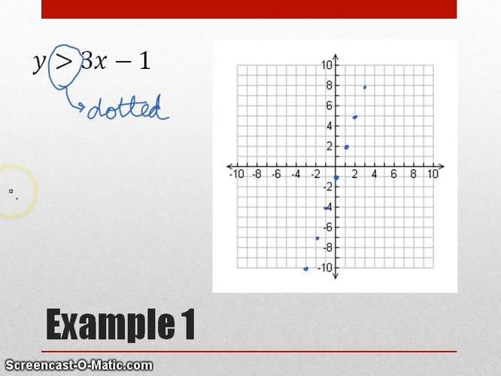If the inequality were greater than or equal to, or less than or equal to, we would use a solid line. So I'm going to connect my dots with a dotted line.